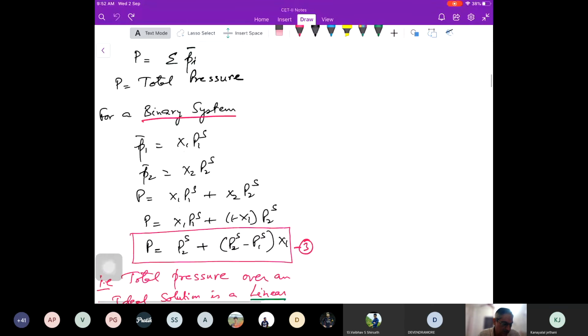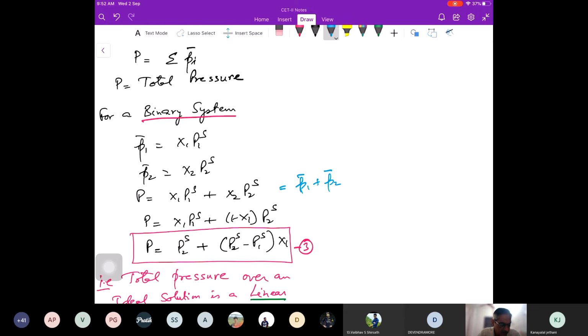So we can say P is equal to P1 bar plus P2 bar. If we substitute for P1 bar and P2 bar, you get x1 P1s plus x2 P2s. And if you write x2 in terms of x1, x2 is equal to 1 minus x1 because it's a binary system. So P is equal to x1 P1s plus 1 minus x1 into P2s.